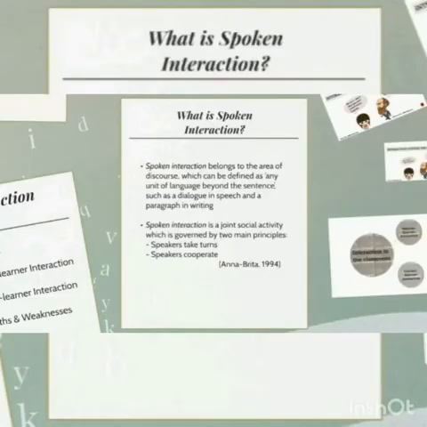What is spoken interaction? Spoken interaction belongs to the area of discourse which can be defined as any unit of language beyond that sentence, such as dialogue in speech and a paragraph in writing. If you paid attention to dialogue in speech and a paragraph in writing, you can ask, how is it possible that a paragraph in writing can be spoken interaction?